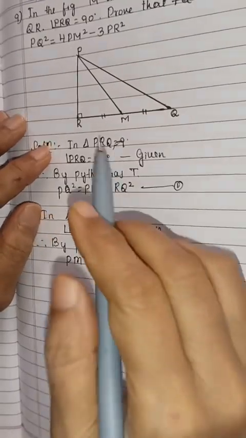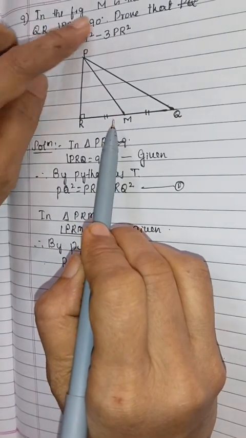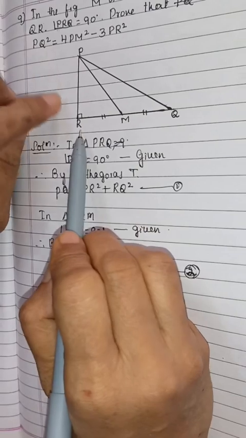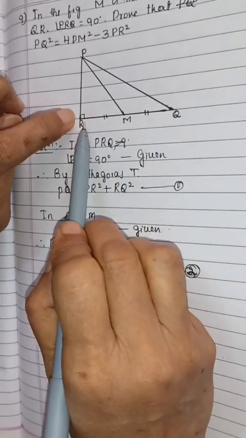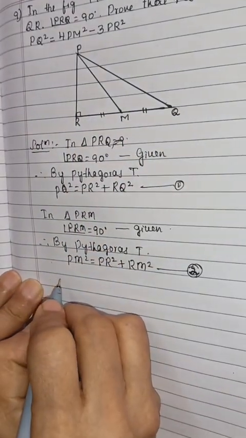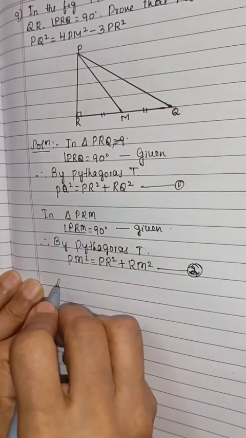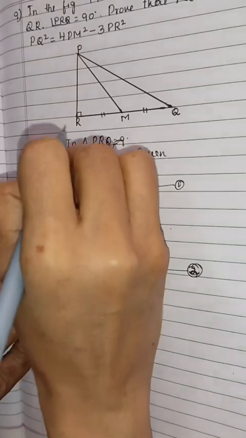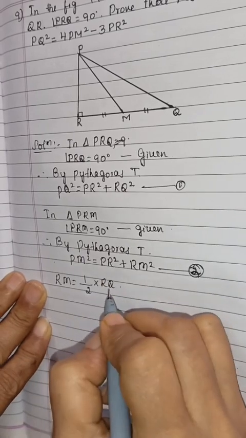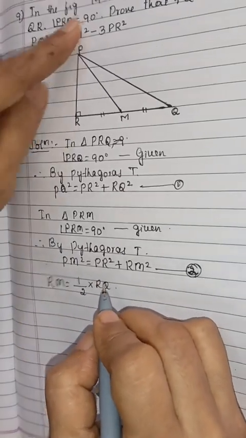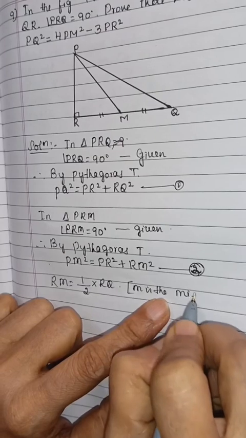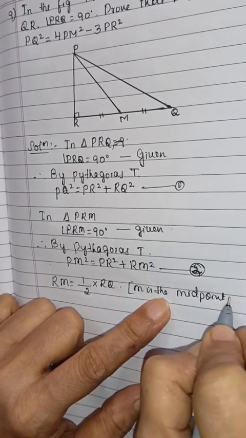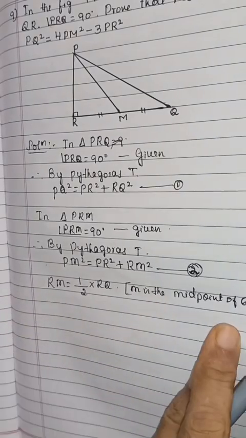But here M is the midpoint of QR. Therefore, RM is half of RQ, because M is the midpoint of QR.